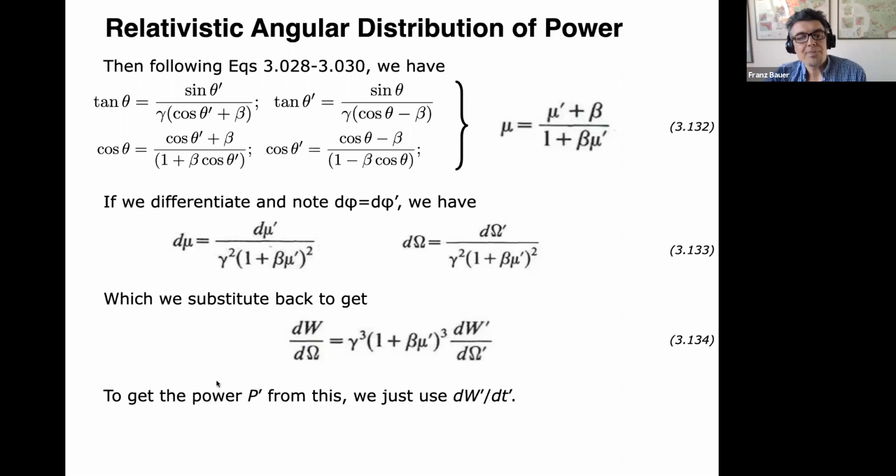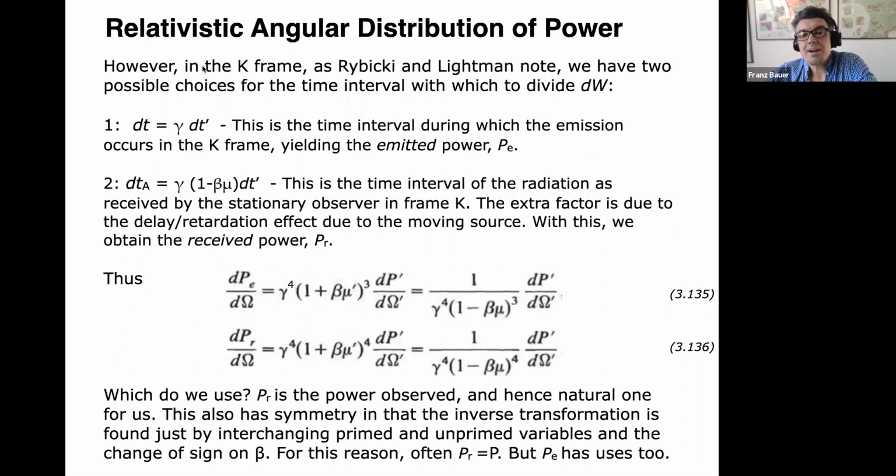And so if we want to get this power, we can use this change with time. And so we have to be careful because we have to figure out what time we actually are measuring.